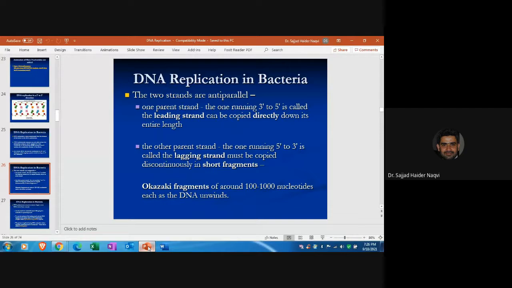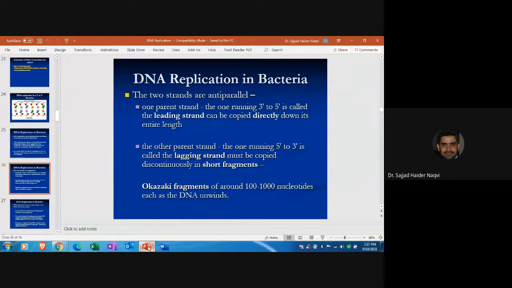Before we proceed, let me tell you that the parental strand which has 3 prime to 5 prime orientation is called the leading strand. The leading strand is very simple because its orientation is itself 3' to 5', so a new strand can be easily synthesized on it with a 5' to 3' orientation. What about the other parental strand, which itself runs 5' to 3'?